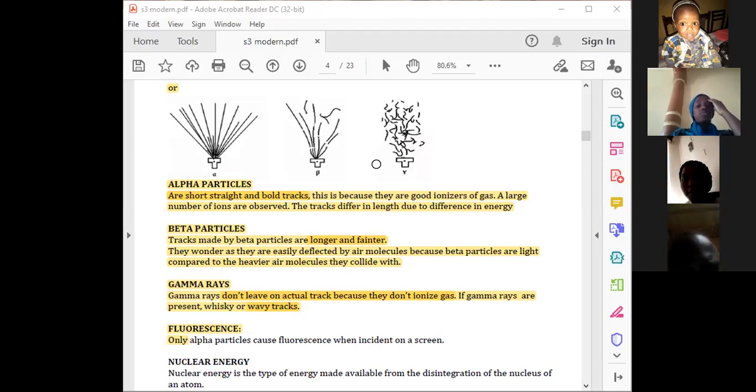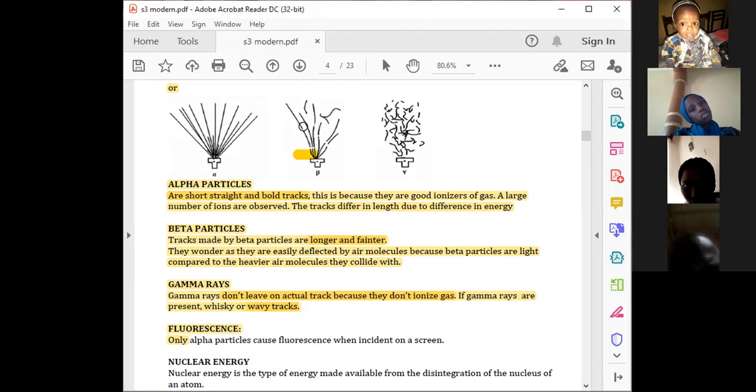Then let's see the beta. Beta particles, we are claiming, are longer and fainter. We are making a comparison between two things, alpha and beta. Look at alpha tracks and beta tracks.